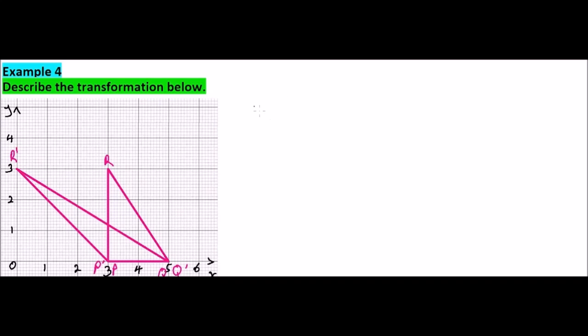So our last example will describe this transformation. Here you can see the line RQ meets with R prime Q prime at the x-axis. So the transformation is a shear.